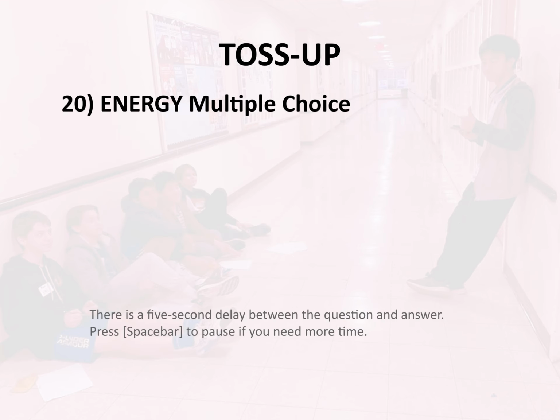Toss-up 20. Energy. Multiple choice. Often, investors in energy projects will use a discount rate to evaluate the net present value of future energy sales. If analysts decided to change the discount rate of a wind project from 3% to 7%, how would the net present value of future energy from the project change given constant supply and market costs?